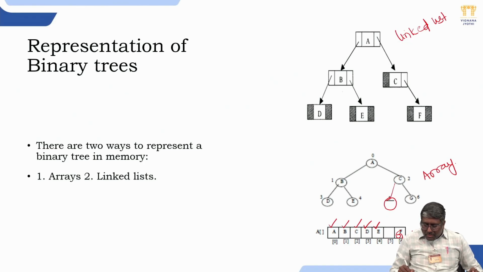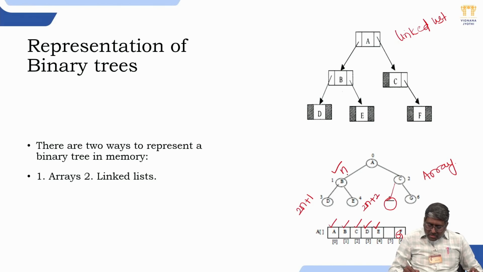Suppose the parent is at the nth position, then the left child is at the 2n plus 1 position, and the right child is at the 2n plus 2 position.